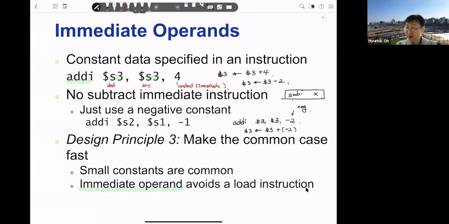If we don't have add I, then every constant would have to come from the main memory, right? The memory has the constant value, and then it should be loaded from the main memory to the register. So it takes more time because we have to access the memory. But in the add I case, the constant is already in the instruction, so we don't need to access the main memory. So it's much faster.